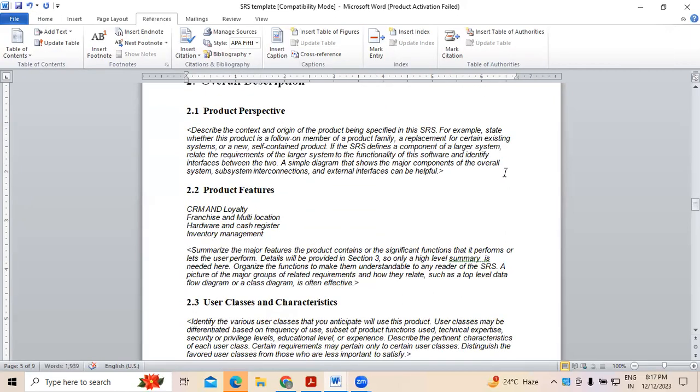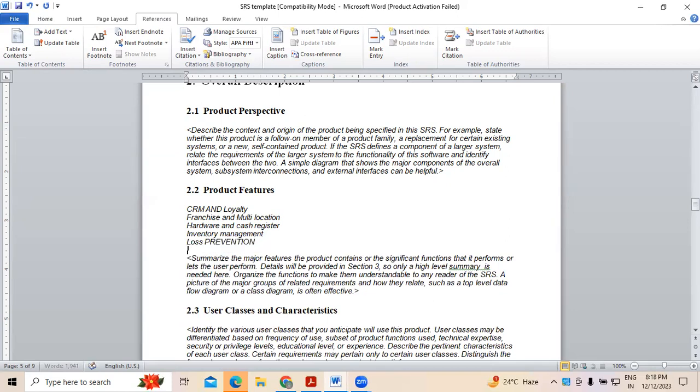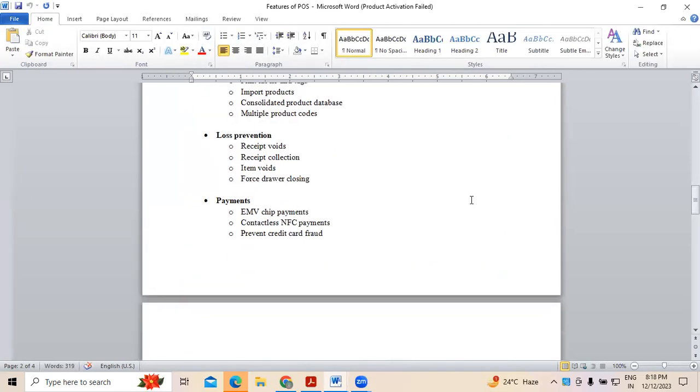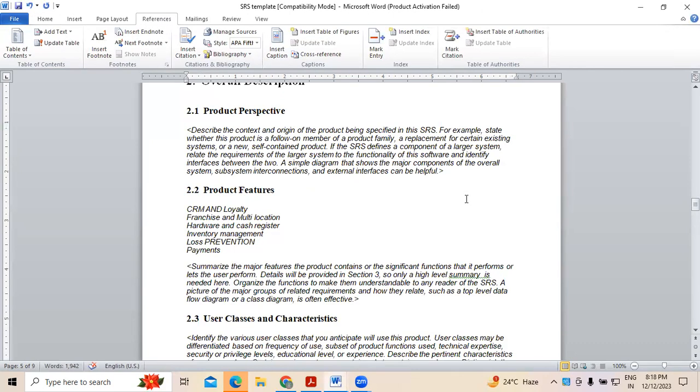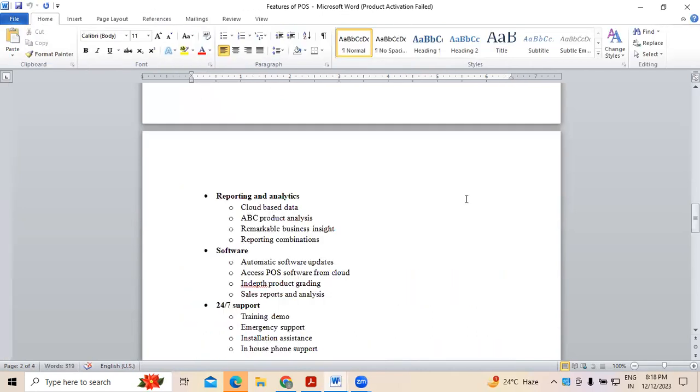Next was loss prevention. It can be payments. It can be reporting and analytics. It can be software.